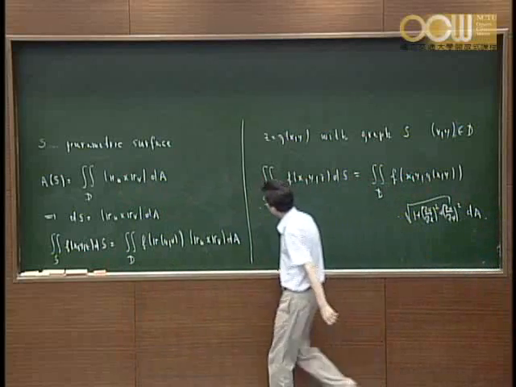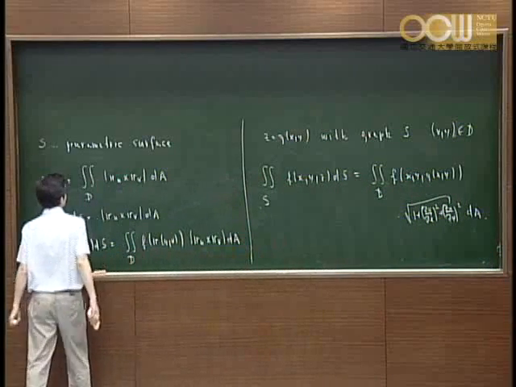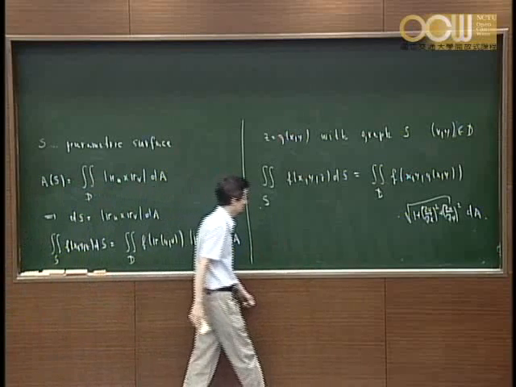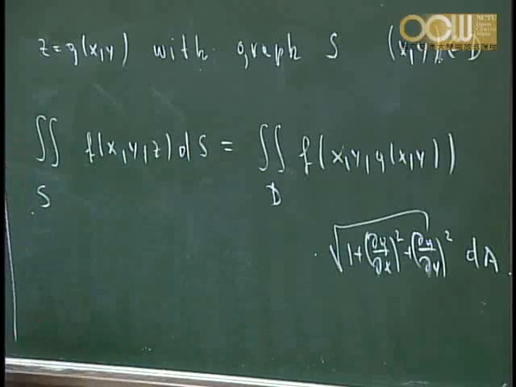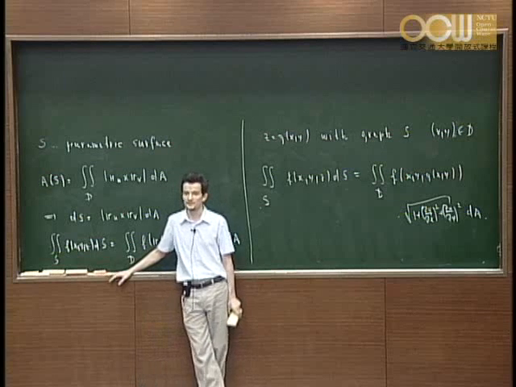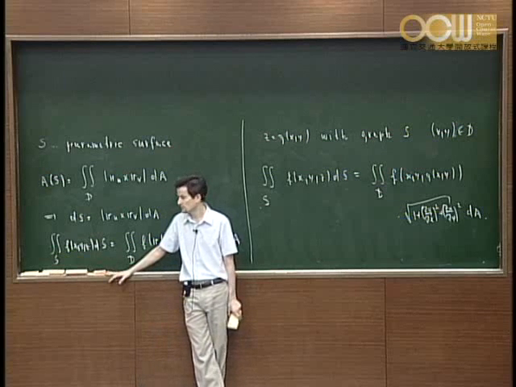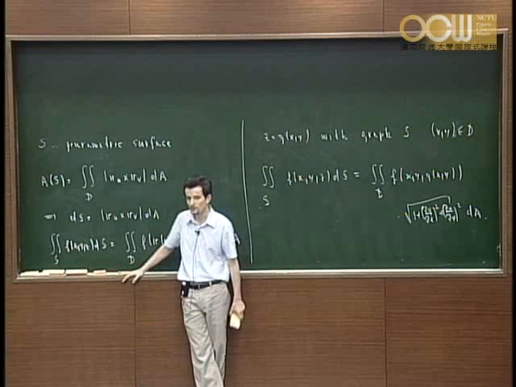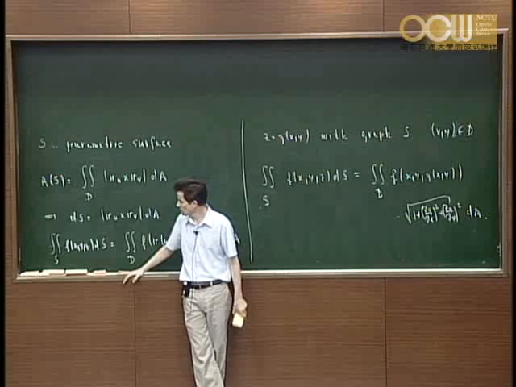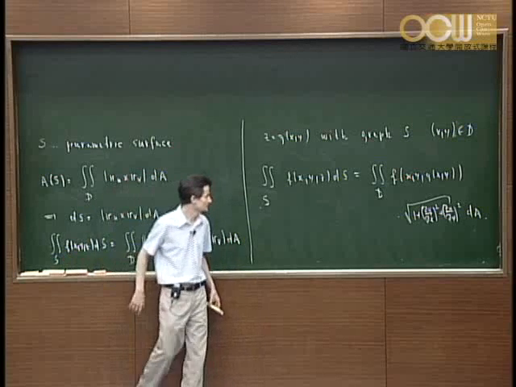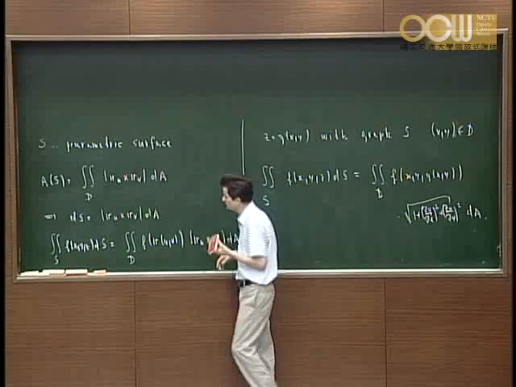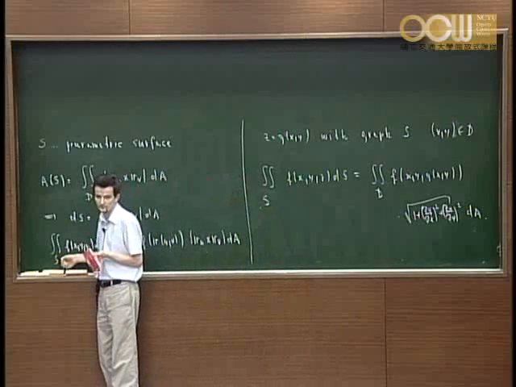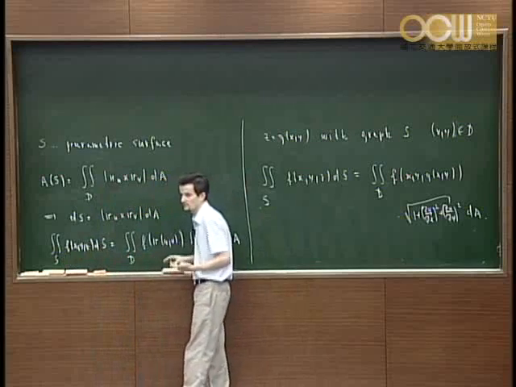Now, the next step would be to extend the definition, because so far we have to assume that the surface is a smooth surface, but actually it's enough to assume that the surface is piecewise smooth, so you can decompose the surface into a finite number of smooth surfaces which make up the surface S. Then you define the surface integral over a piecewise smooth surface as the sum of the surface integrals.